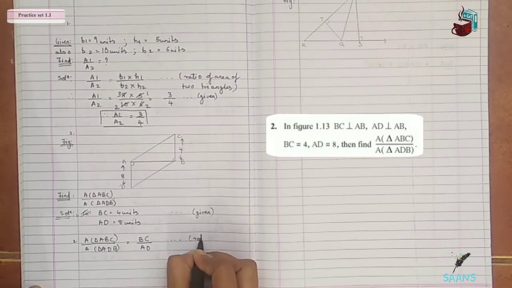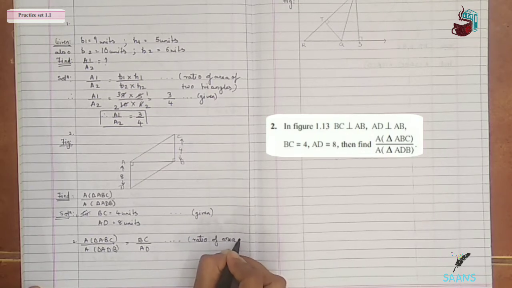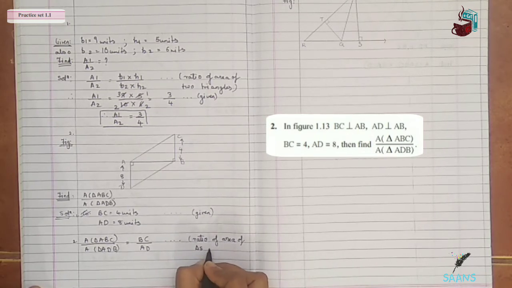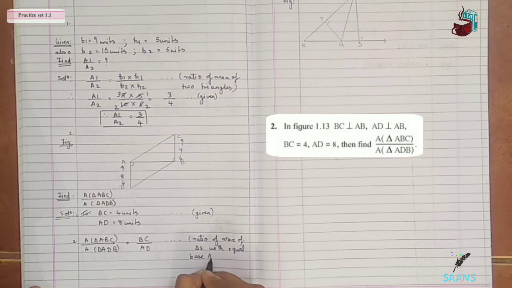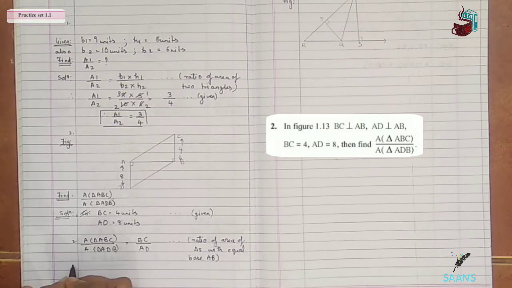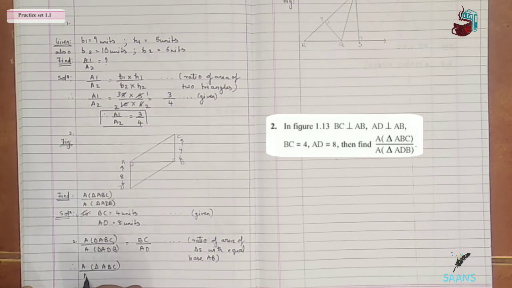Reason, ratio of area of triangles with equal base. Therefore, area of triangle ABC upon area of triangle ADB is equals to 4 upon 8. 1s are 2s are.